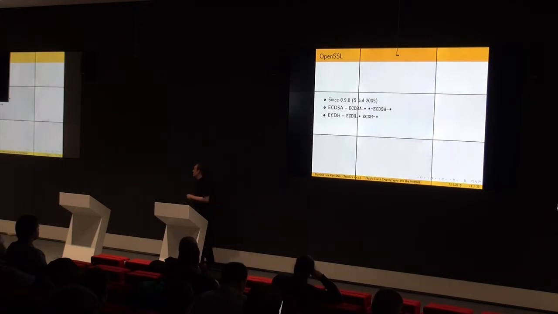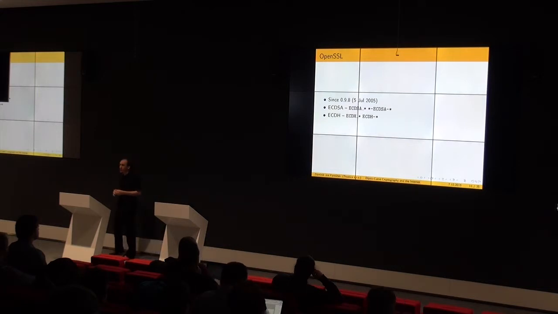For ECDH, the situation is basically the same. Once again, you get these functions, ECDH underscore something something, and you can generate the random private number, generate the public key point, do the key agreement, and then use the result. Once again, don't do it.